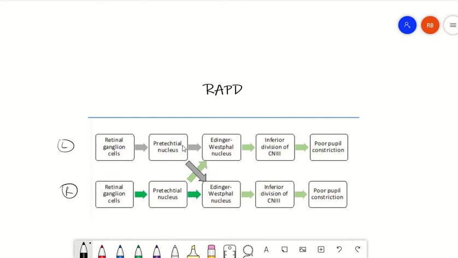It's not got a complete afferent pupillary defect, but there's a relative afferent pupillary defect, so the impulses are slower and they don't work as well in that eye. That would mean that if you were to shine a light in the left eye, there would still be constriction, but there'll be less, and therefore the consensual reflex will also be less, because remember that both Edinger-Westphal nuclei are stimulated from the pretectal nucleus.